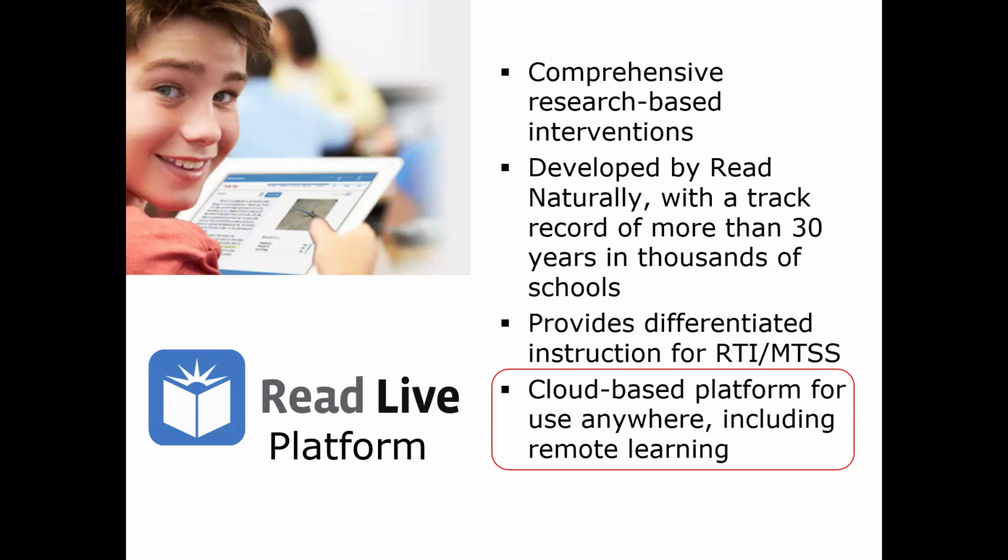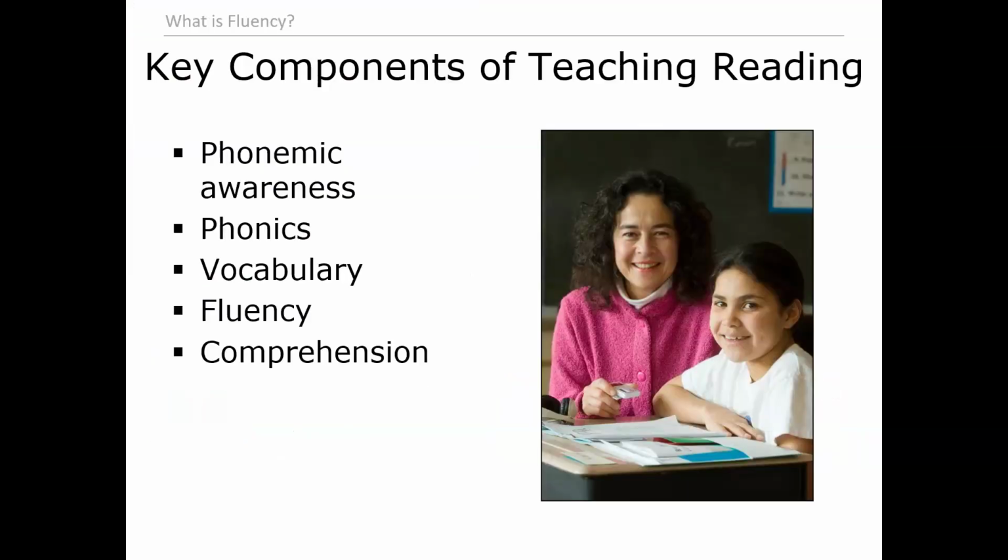Here are the concepts that we're talking about today. When we're talking about teaching reading, we know that there are 5 areas of reading: phonemic awareness, phonics, vocabulary, fluency, and comprehension. We'll focus a lot on fluency because Read Naturally Live does provide a lot of instruction and intervention in fluency. We know all of these areas are important.